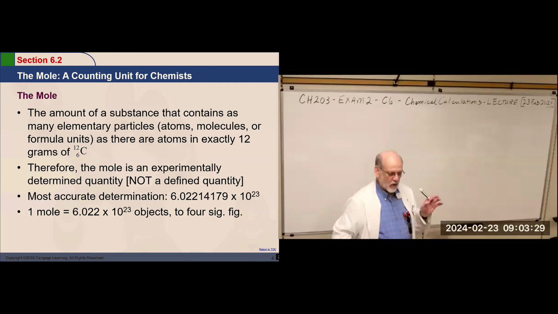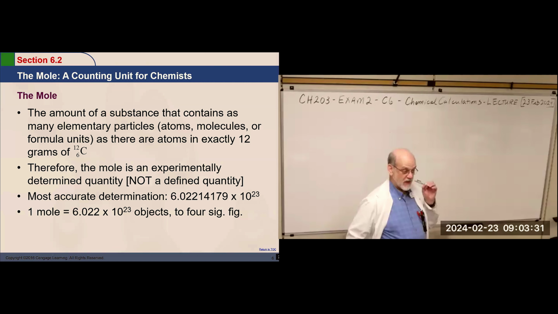So when we say a mole of things, it's just a number. That is, it's actually derived from a physical characteristic. But as far as you're concerned, the mole is just a number. 1 mole equals 6.022 times 10 to the 23rd things.